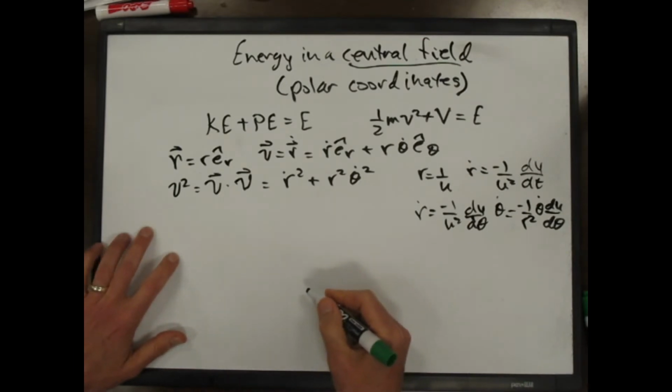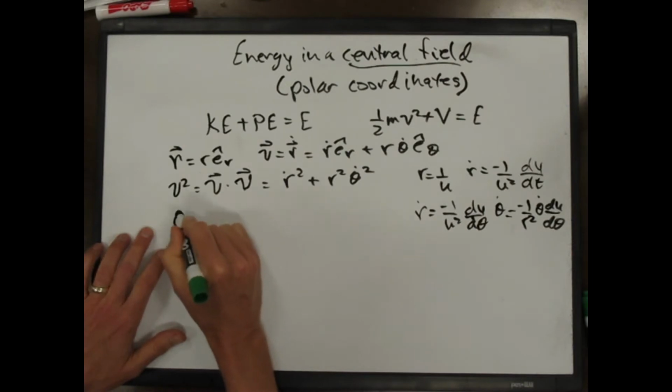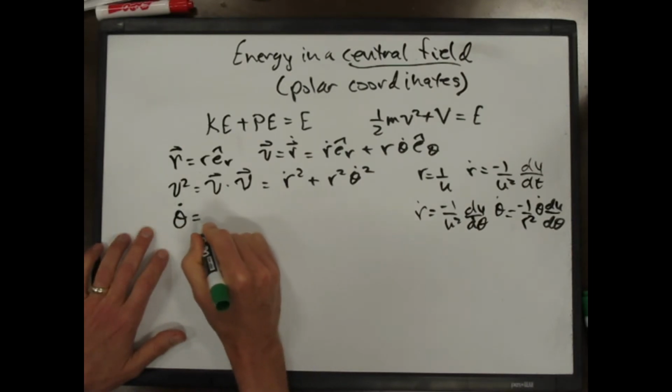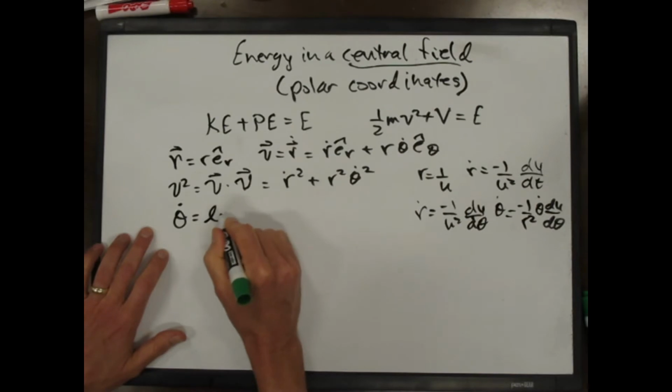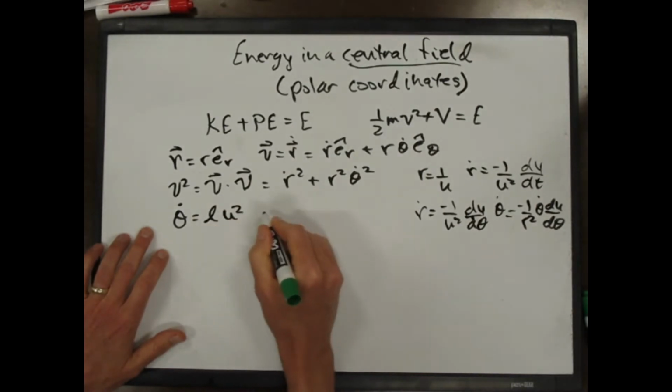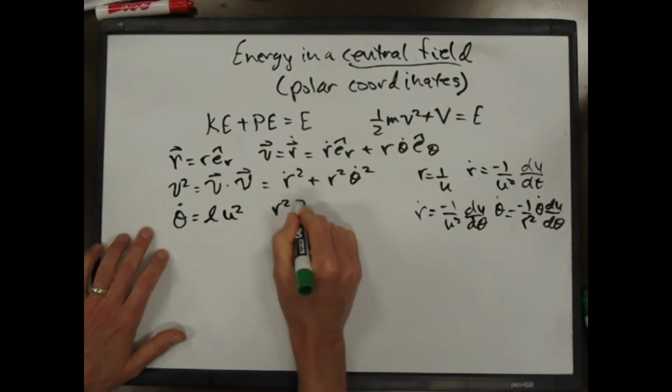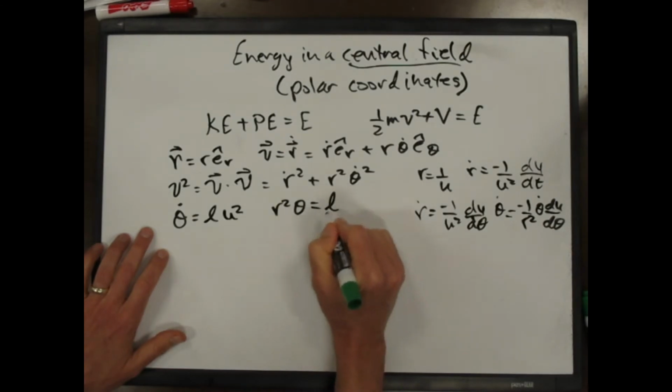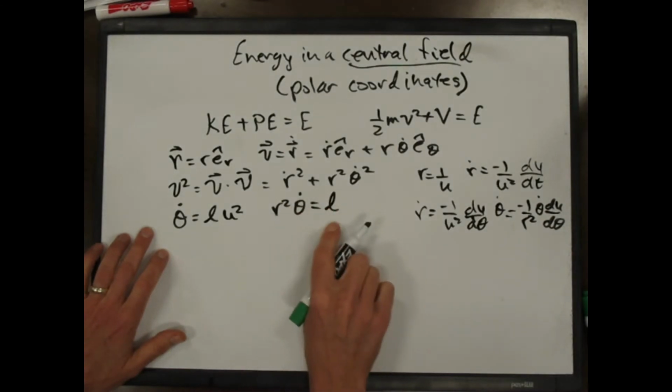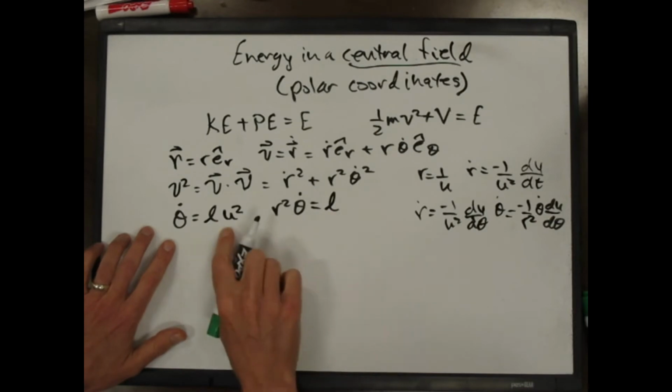Similarly, theta dot was equal to the angular momentum per unit mass times u squared. It came from r squared theta dot being equal to the angular momentum per unit mass. Divide by r squared and you get this guy.